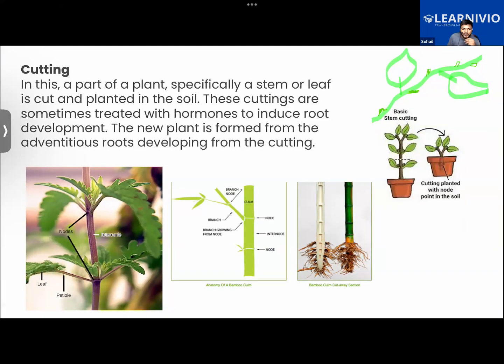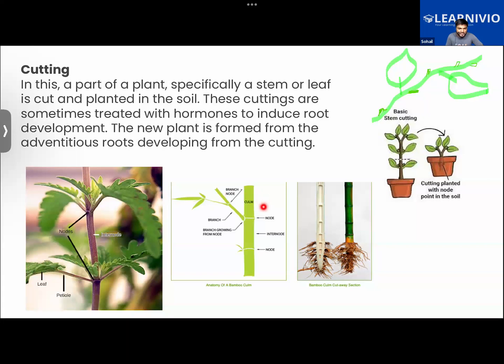So here you guys can observe the first image. Look at the first image over here. This place here from where the leaves have emerged and some branches have emerged, that is called as nodes. Getting it? This one and this one. And the part of the stem between these two nodes, we call that as internode.